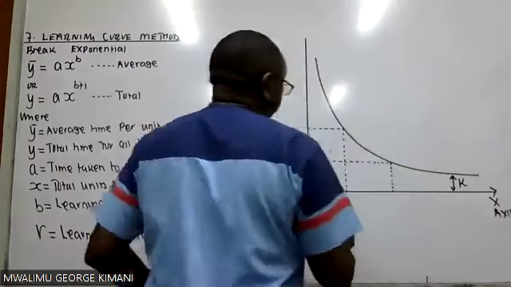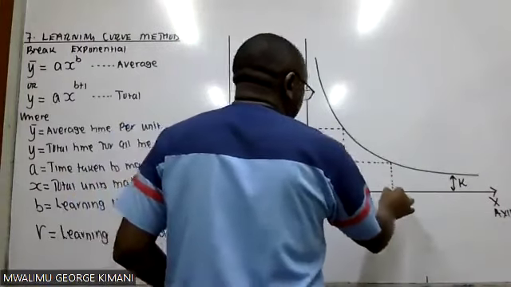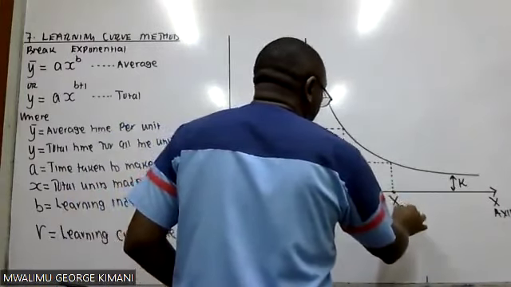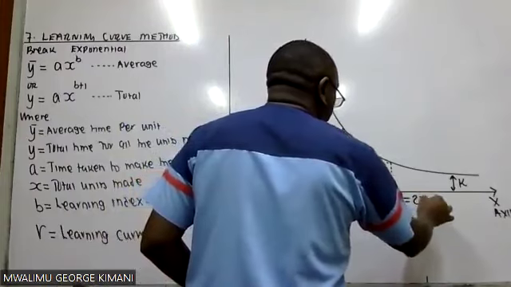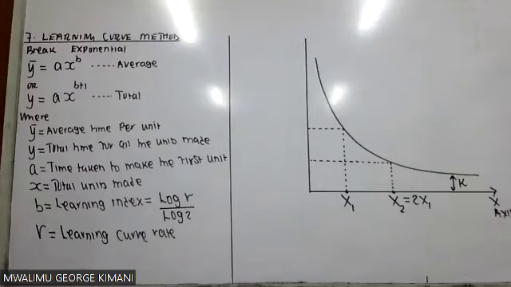So this is x1, and this is x2, which is 2x1. That's what we are calling double points.